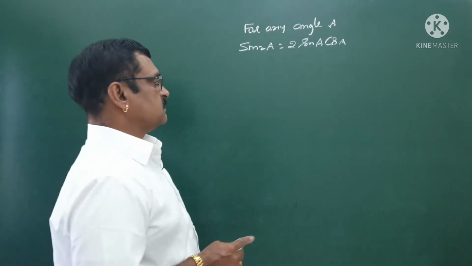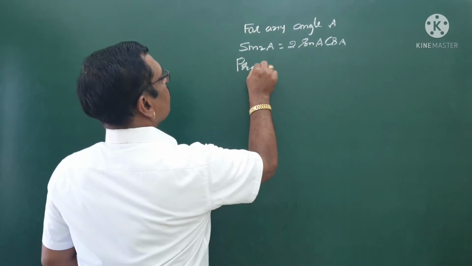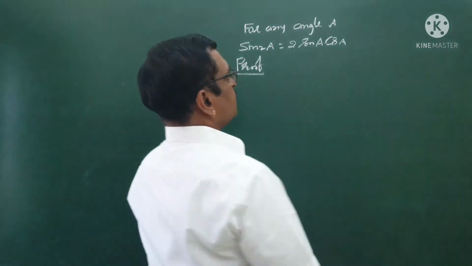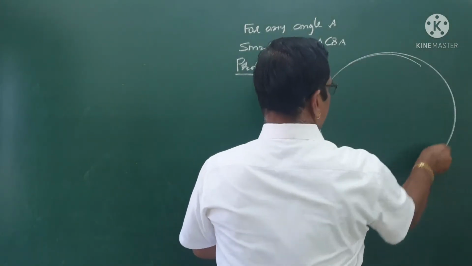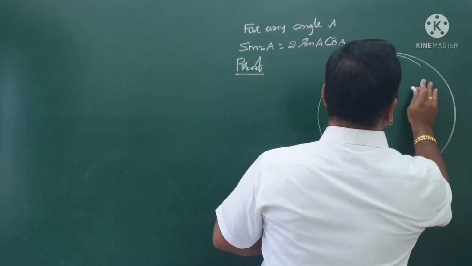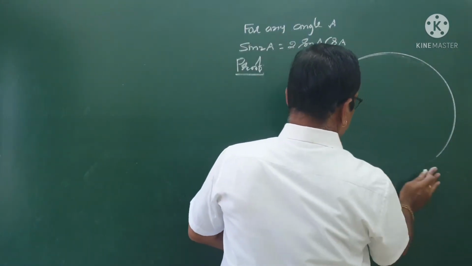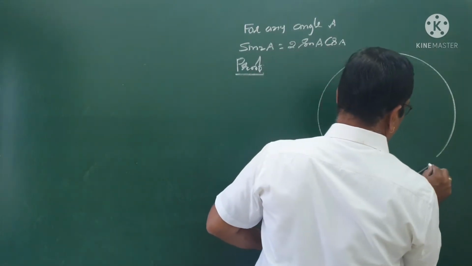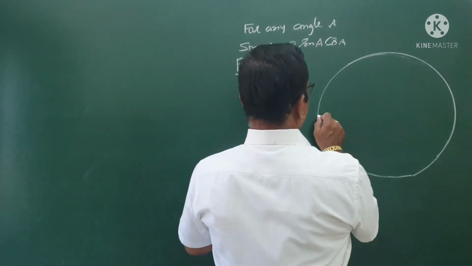Okay, now the proof, or you can say derivation. Let this be a circle. Let AB be the diameter.